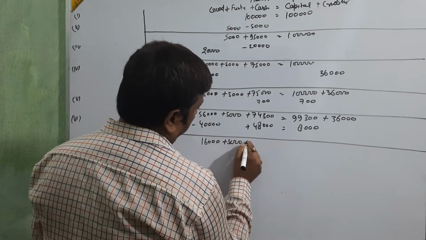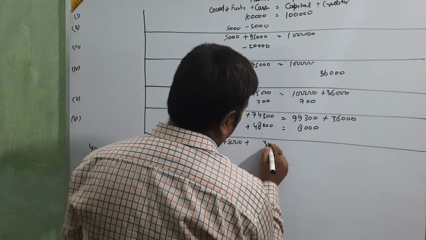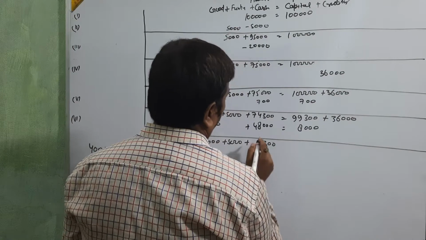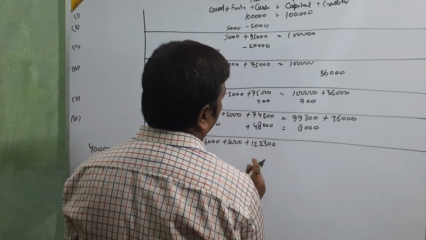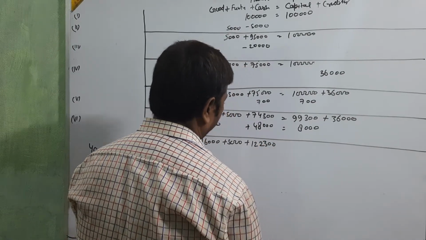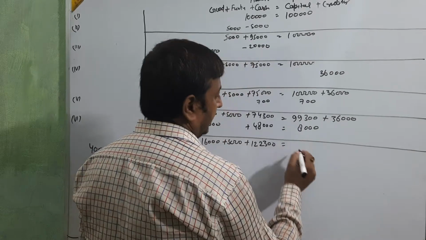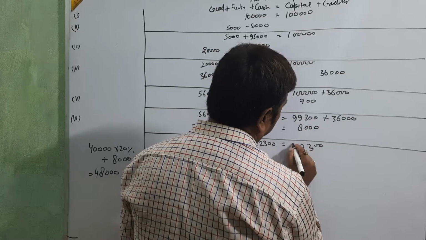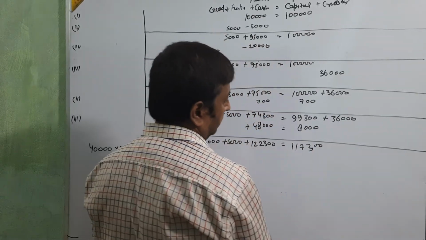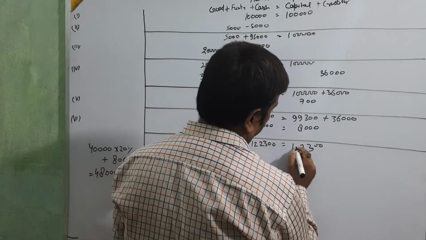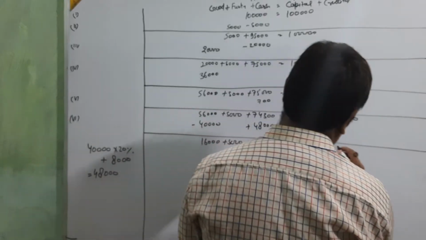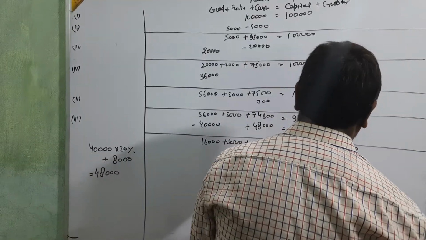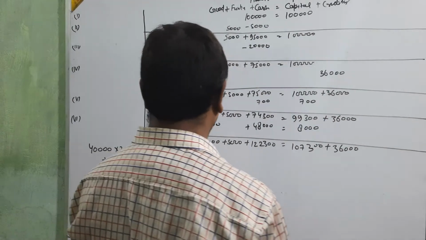Then 16,000, 5,000, 3,000, okay beta. And then 300, 1,07,300. Just see and check the answer.